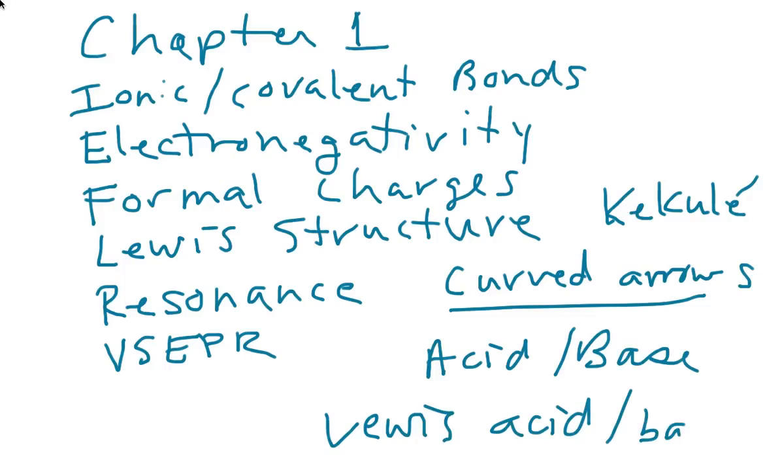Okay? And within that, of course, is how to think about the structures of molecules, changing the strength of the acid, and what things are important for the strength of acids. The pKa, and how that affects equilibrium in acid-base reactions.